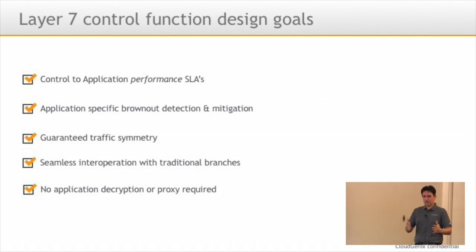We also need to maintain symmetry, because we may have firewalls or other stateful devices in the network, and be able to interoperate with existing branches. We don't want people to have to make major changes to their branches to integrate this system into their network. And finally, but most importantly, no need to put in a local terminating proxy, no need to decrypt the applications to do all of this type of path decision. These were all of our design goals as we were going into making this solution for the network.